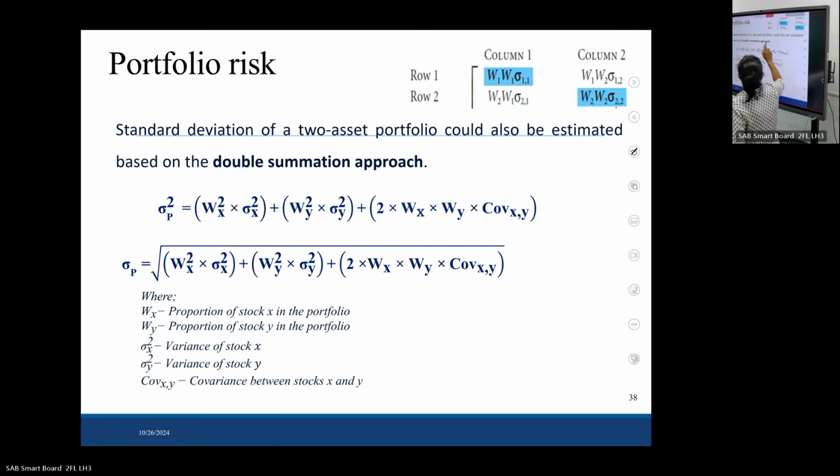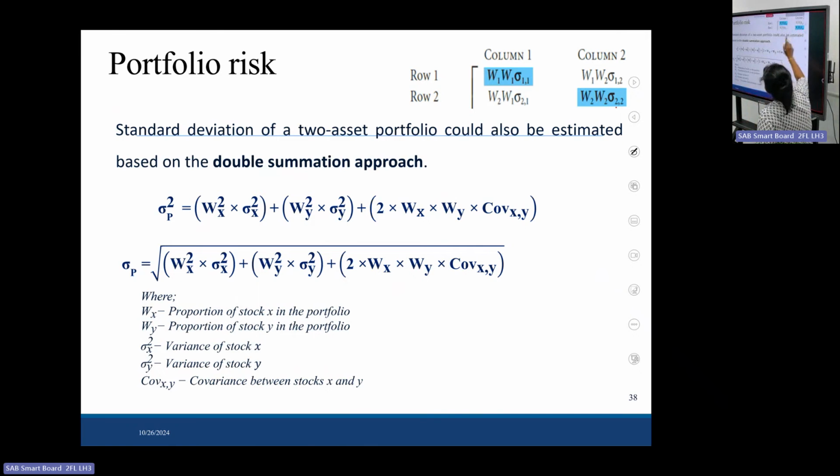Plus, now look at these two: weight of stock 2, 1 and covariance 2,1. Covariance 2,1 and covariance 1,2 are both the same.